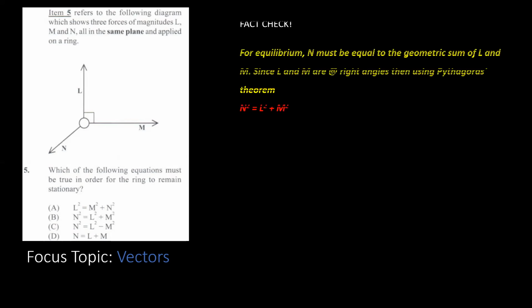All right, for number 5, we also have a question coming from the topic of vectors. And this one shows a ring that is acted upon by 3 forces, all in the same plane. And we are asked which equation must be true in order for the ring to remain stationary. So this means that all 3 forces must be balanced.